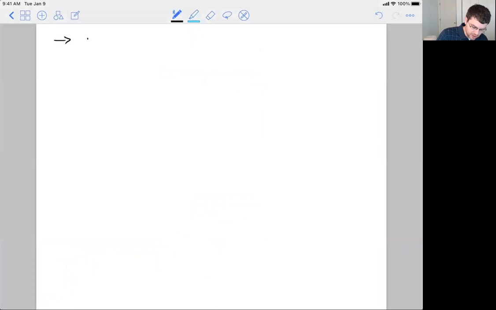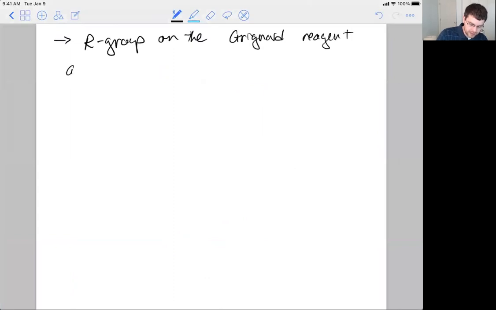So the R group on the Grignard reagent attacks the carbonyl carbon, and it's always the carbonyl carbon.